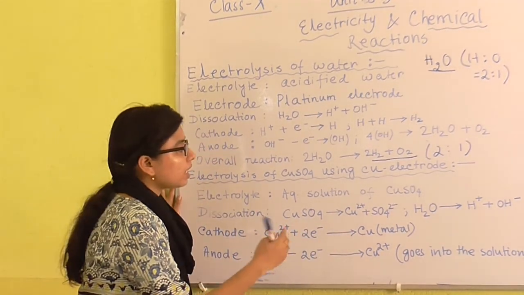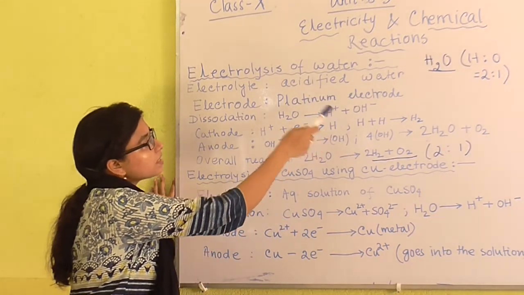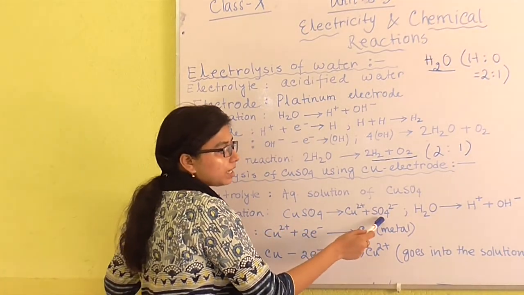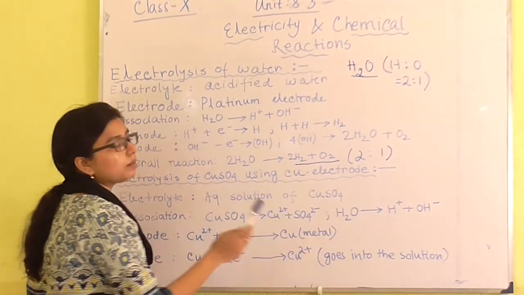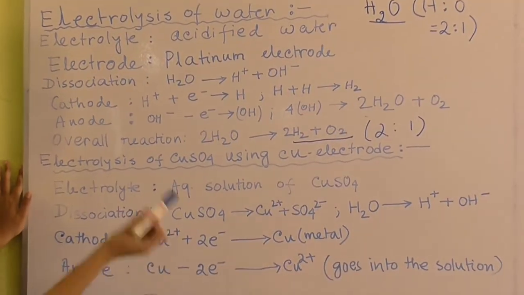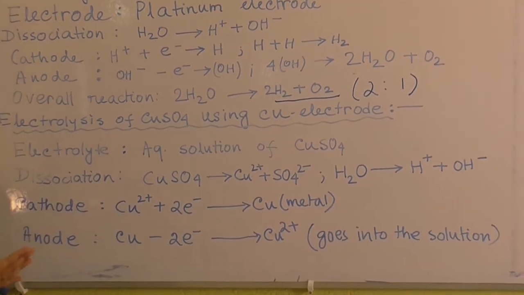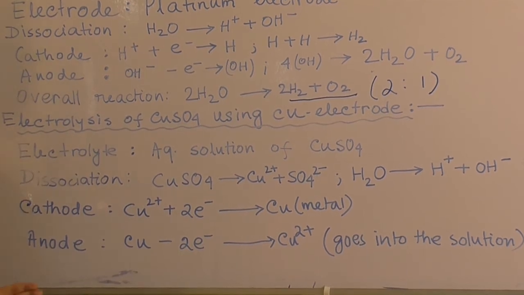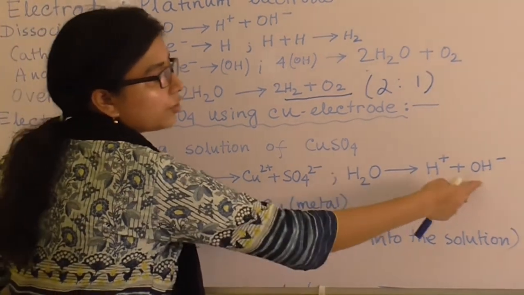And in the previous one we have seen that the anions have moved towards the anode. So we have sulfate anion and hydroxyl anion here, but none of them will move towards the anode here, because the ionization potential value of copper is less with respect to the discharge potential value of sulfate ion and hydroxyl ion.